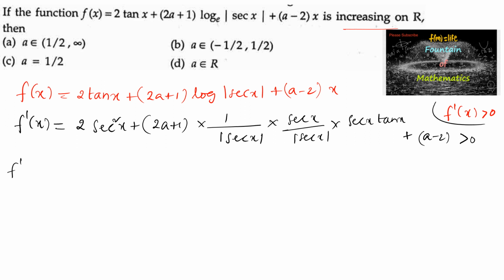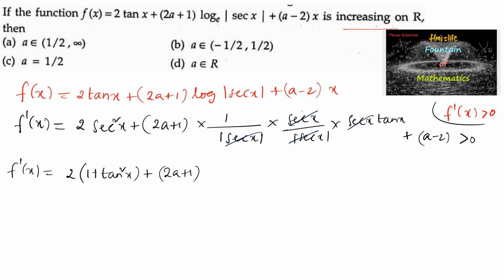So we can also write f dash of x is equal to 2 into secant square, which we can write as 1 plus tan square x, plus (2a plus 1) into, so here we can cancel mod of secant x. Secant x into secant x is also secant square x, we can cancel them because both are square, and so the remaining is tan x.